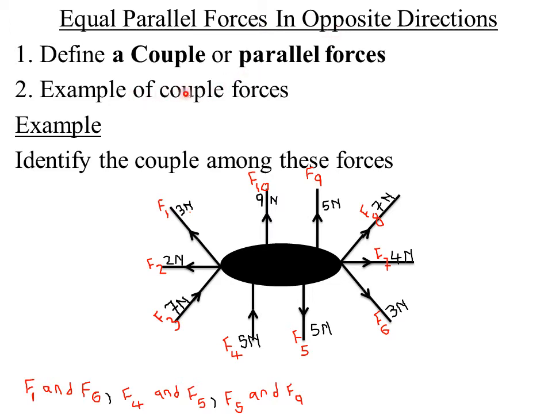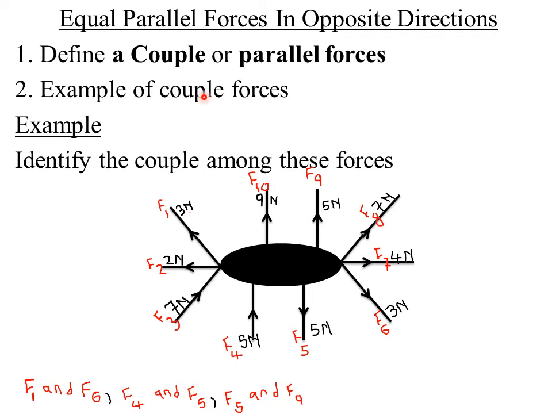So we look at an example of couple forces. I'll just highlight a few examples of couple forces in real life situations. One involves the forces applied on the wheel spanner, that is in tightening or loosening a nut. The second is the forces applied when opening or closing a tap.